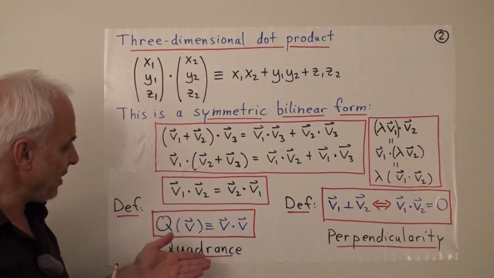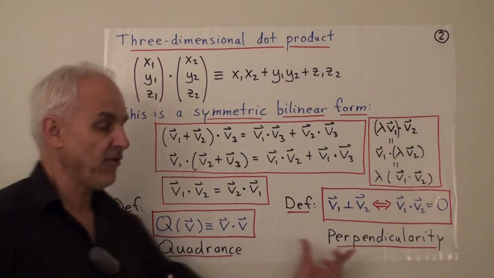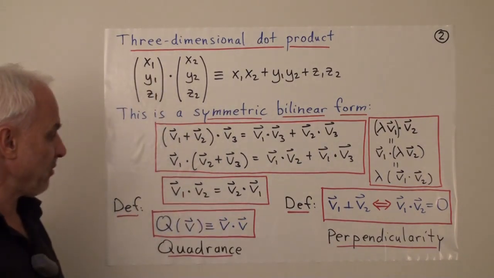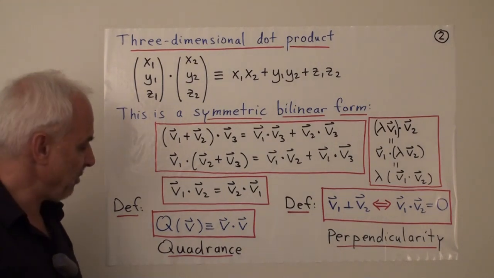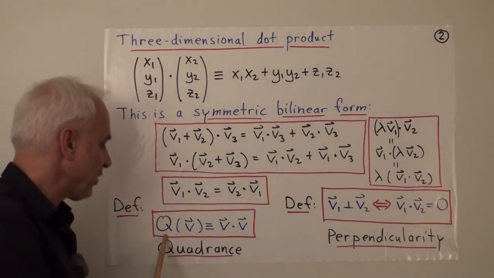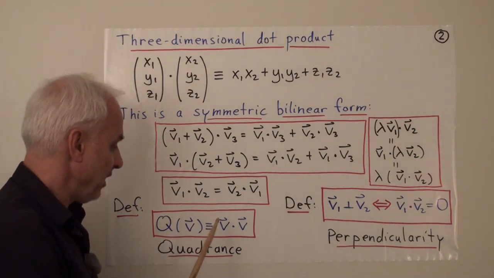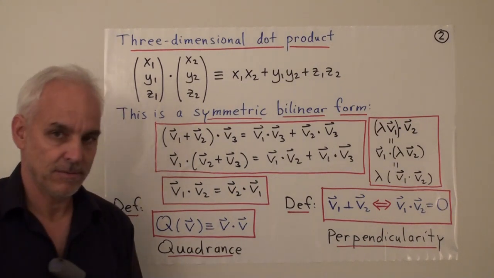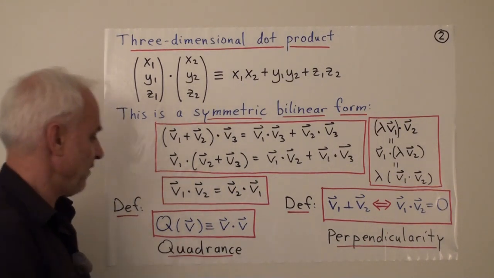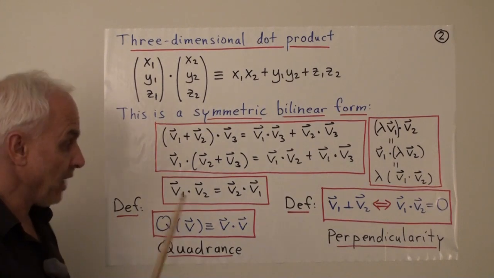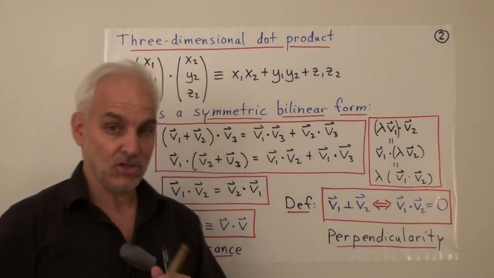And now we define the two main real concepts in terms of the dot product, just as we did in the planar case. So we define the quadrants of a vector v to be v dot v. Call that the quadrants of the vector v. And we define perpendicularity between two vectors.